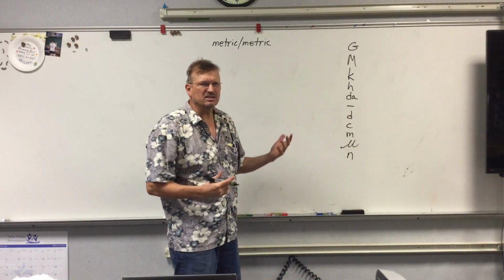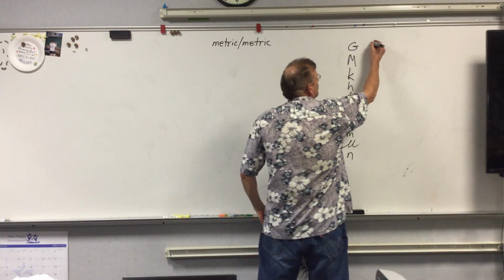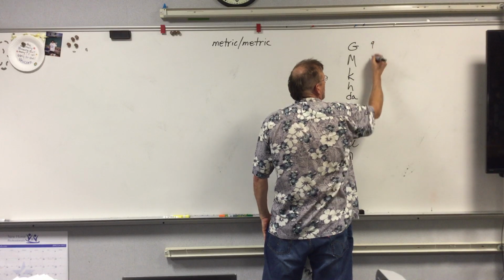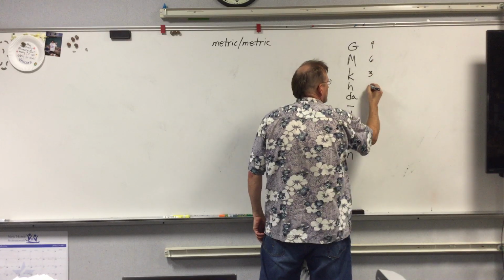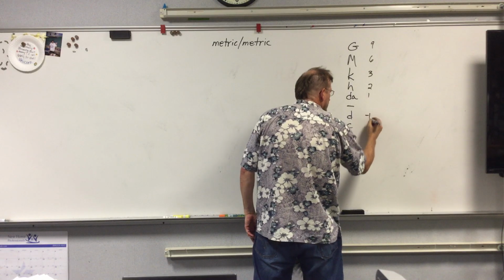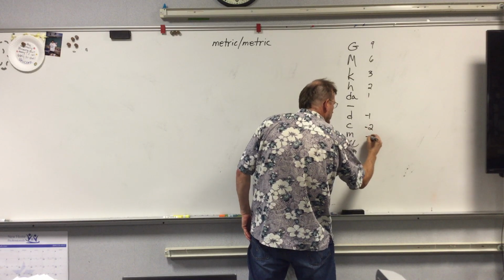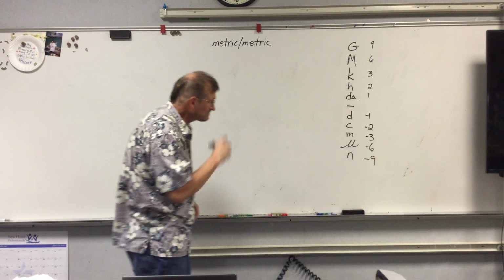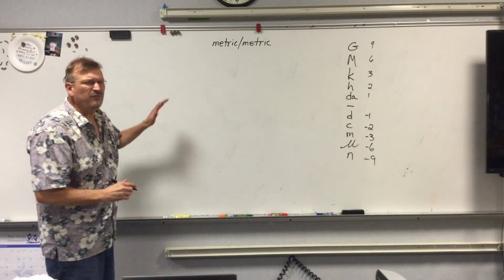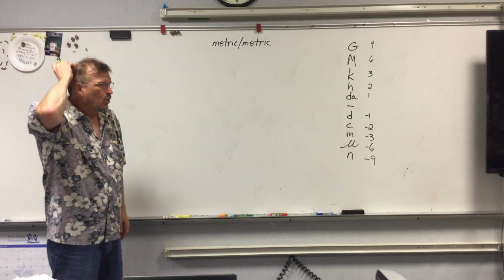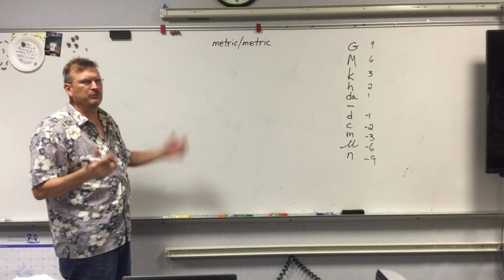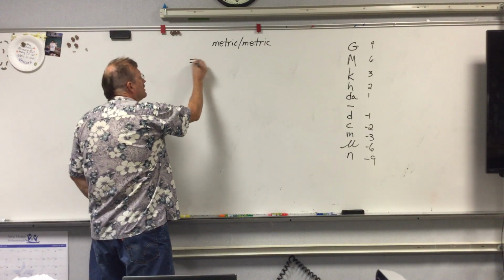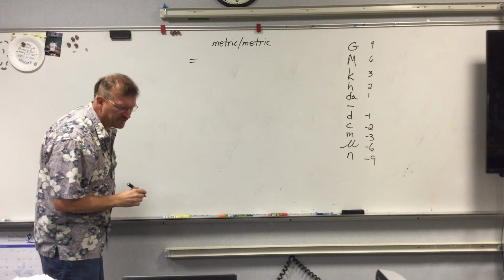And I look at this like a number line. So this is 9, 6, 3, 2, 1, -1, -2, -3, -6, and -9. When are you going to have to do this? I don't know, okay? But this is more practice with metric prefixes.